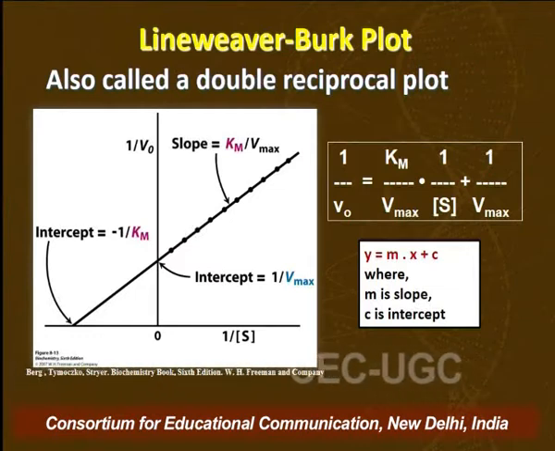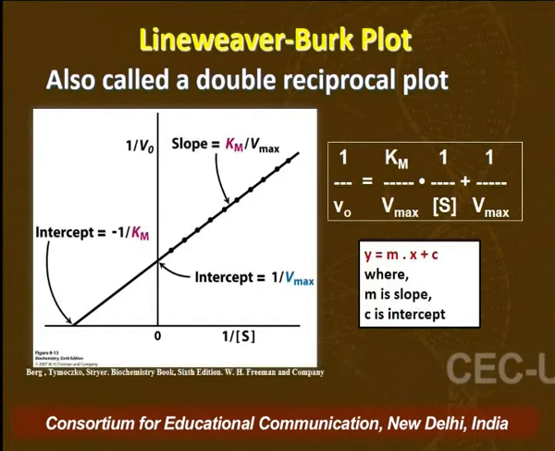If we see over here, this equation resembles the mathematical equation y is equal to mx plus c, where m is the slope and c is the intercept. If we plot that, we get a Lineweaver-Burk plot in which we can see the intercept, which is minus 1 by Km, and the intercept on the 1 by V naught axis, which is 1 by Vmax, and the slope is Km by Vmax.